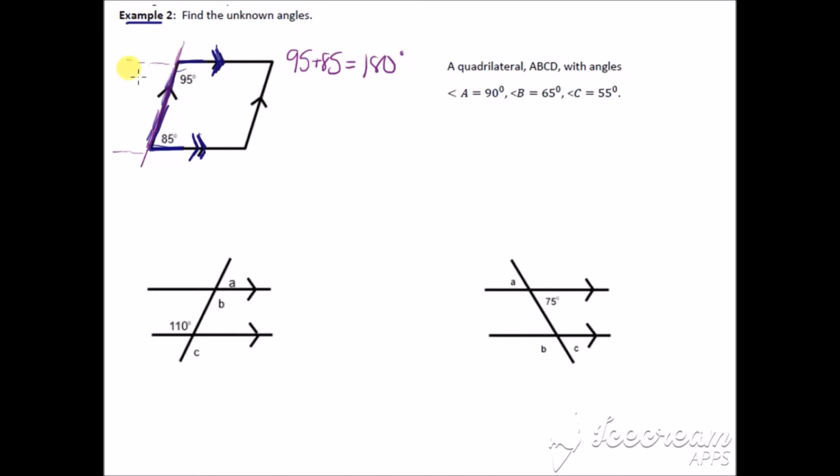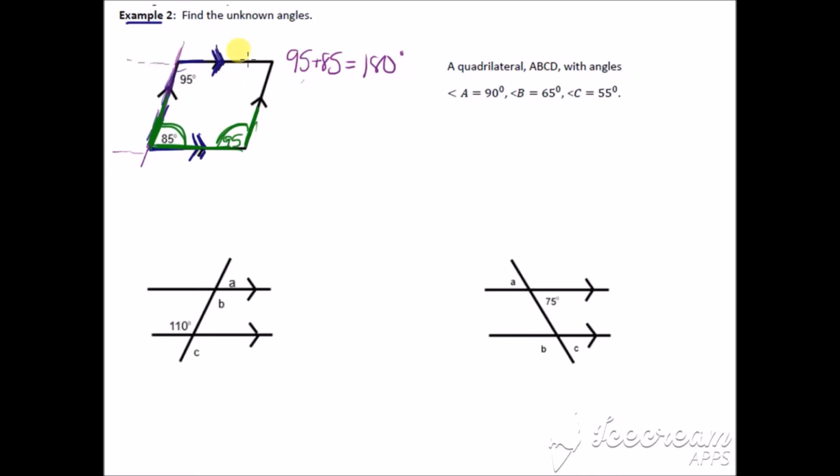So we can actually do this all the way around. If you turn your paper on the side, which I can't do here, and we look at the C like this, we would have 85 and this number right here. Well, if we know 85 and 95 add up to 180, this is also 95.